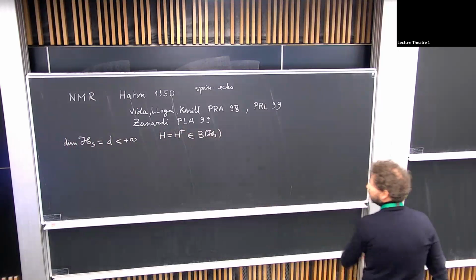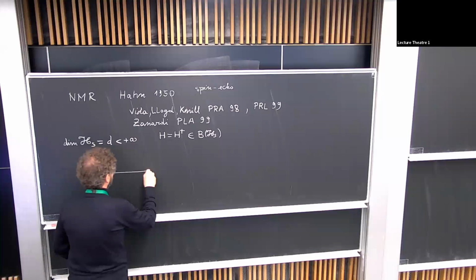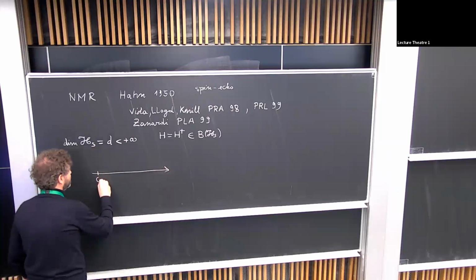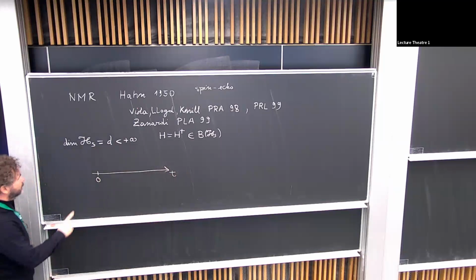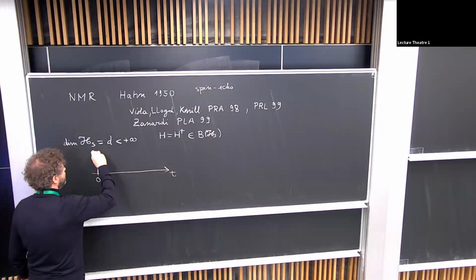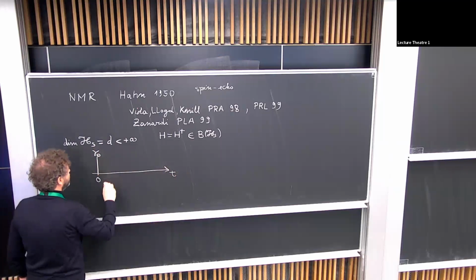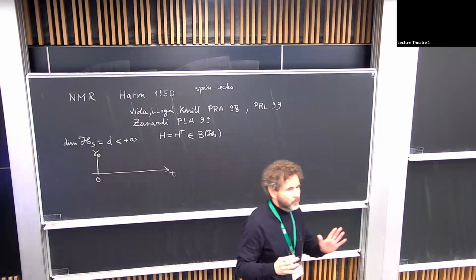And the idea, as I told you, is just to apply unitary pulses. So this is the time axis, this is time 0. At time 0, you apply a pulse, let's say gamma 0. And then you let the system evolve with its Hamiltonian.